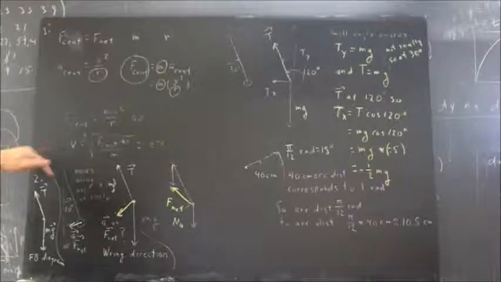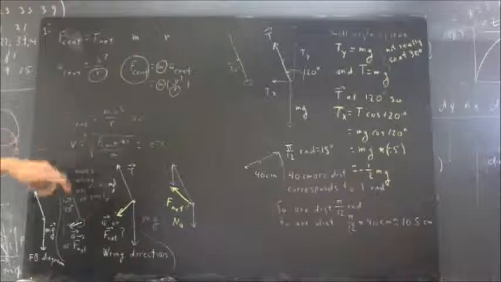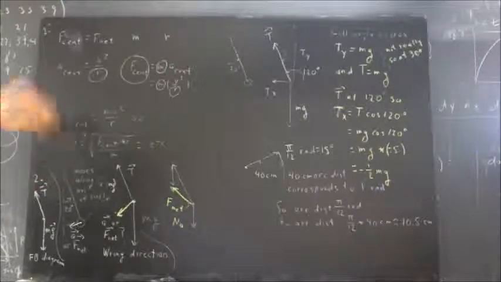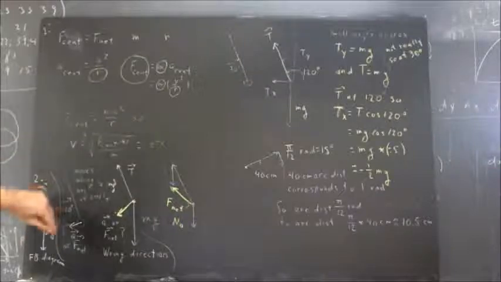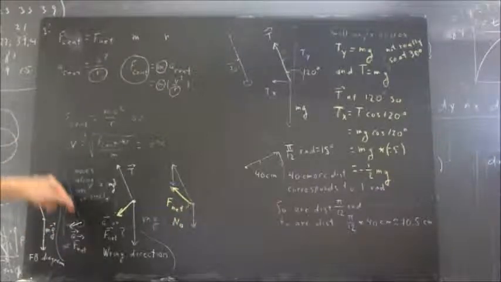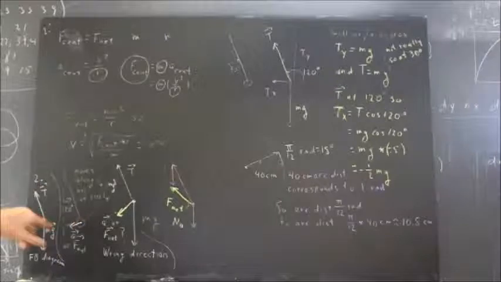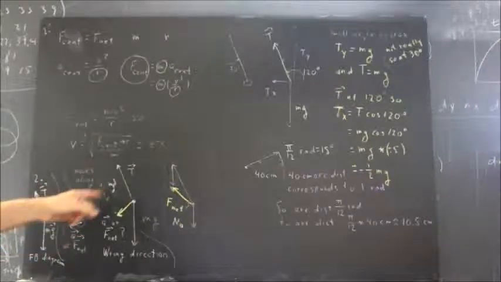So first thing we need to see is this picture. These pictures are a little crowded, sorry about that, but the dotted line represents the vertical direction. We have a 20-degree angle, so we have a pendulum out here at 20 degrees. It's moving along the arc of a circle.